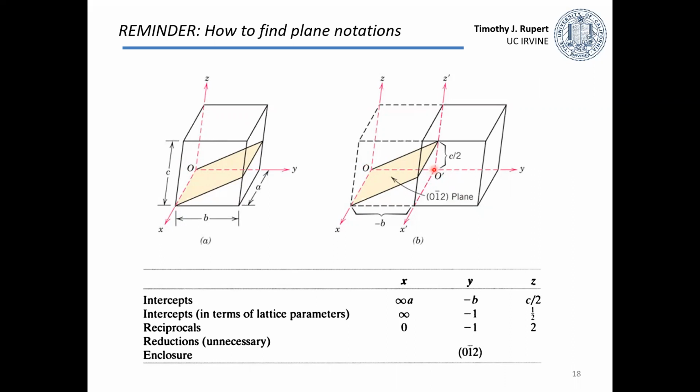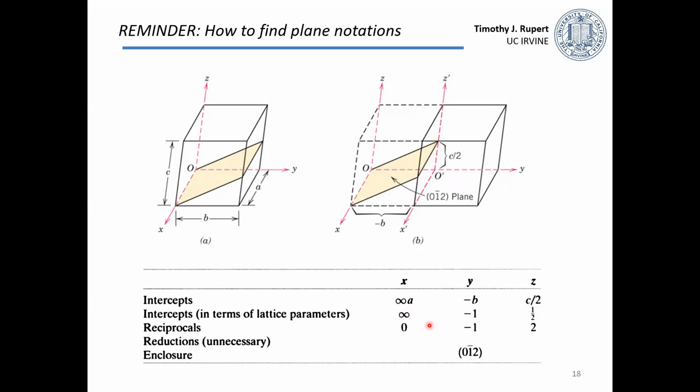So where does that plane intercept that x-axis? So this is my new x-axis. Well, it doesn't. It would never hit that. So it's going to be at infinity. Where would it hit the y-axis? Well, it's going to hit it at -1. Okay, so I can plop that in there. And then where does it hit the z-axis? It hits at 1/2.